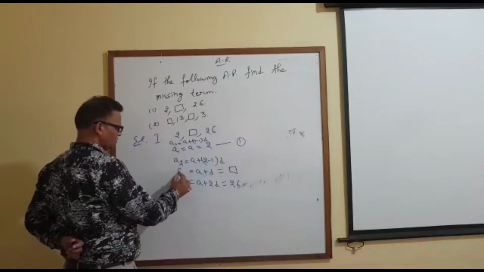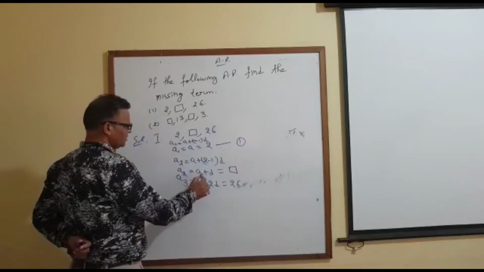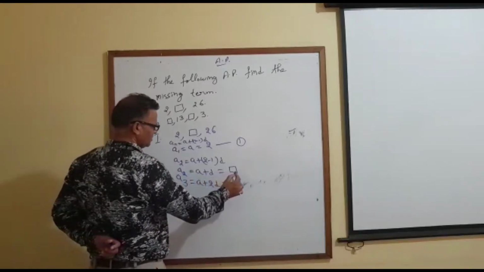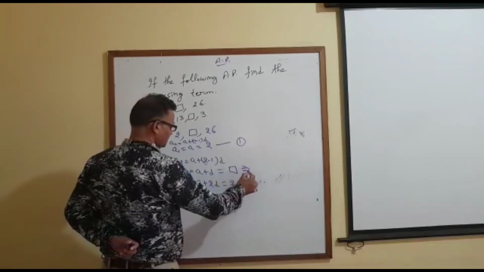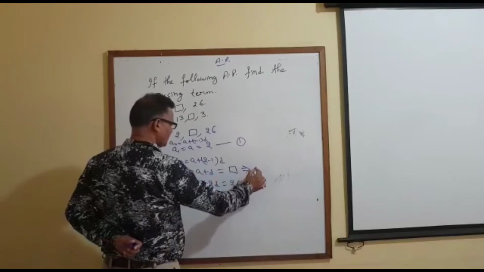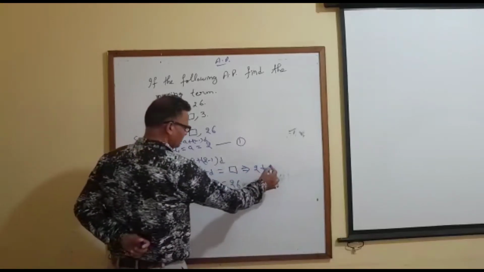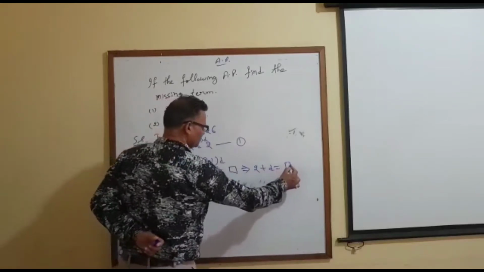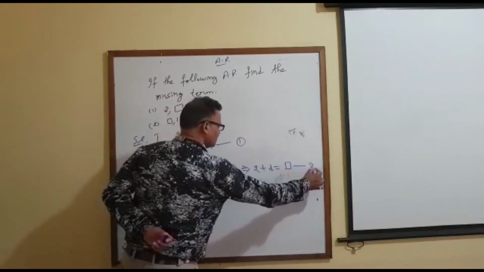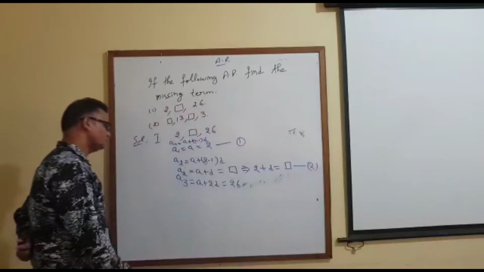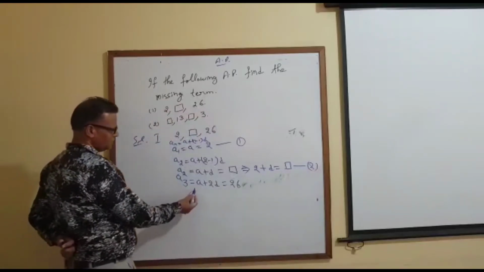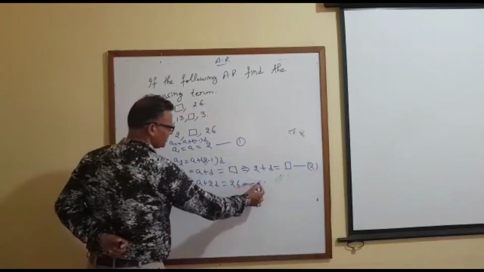In A2 is equal to A plus D is equal to block. Put the value of A, that is 2 plus D, we don't know, is equal to block. Give this equation number 2. Again A3 is equal to A plus 2D is equal to 26.